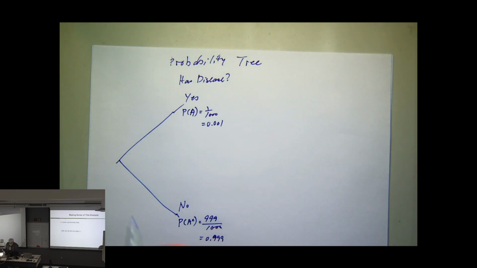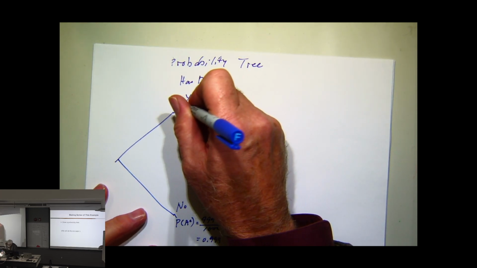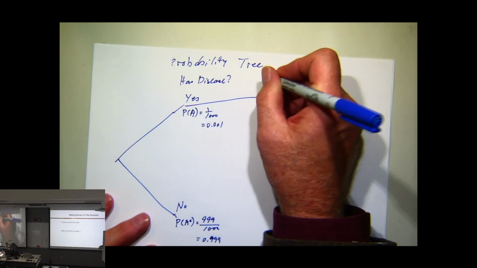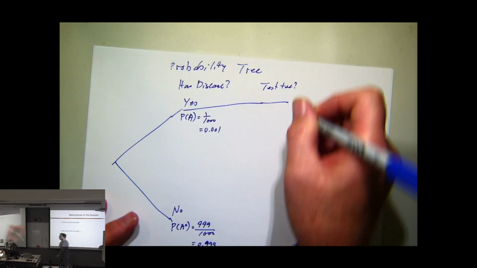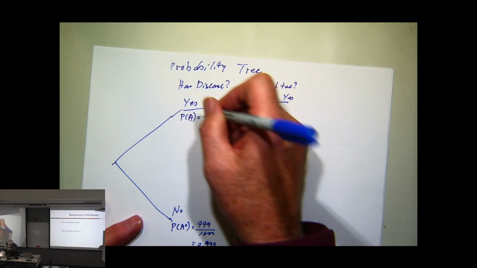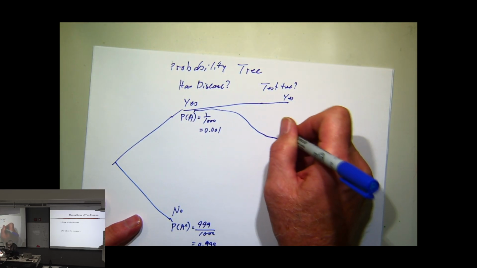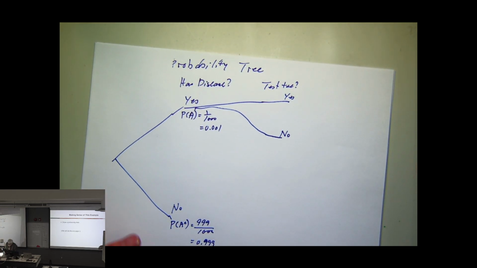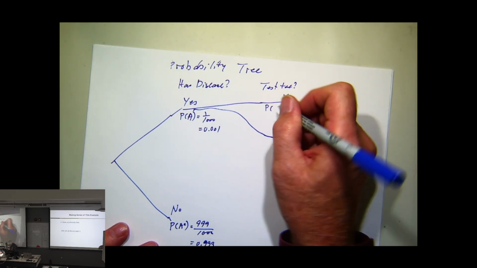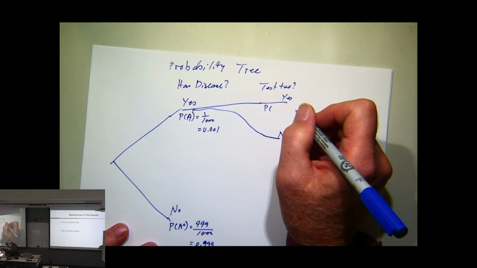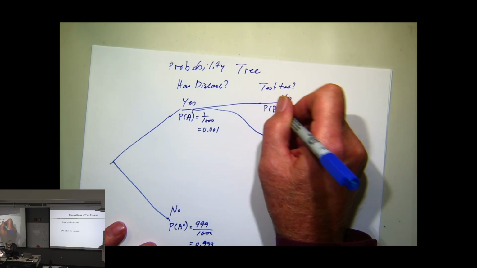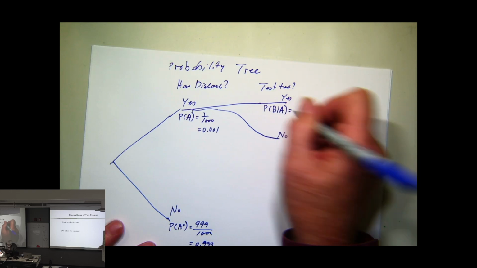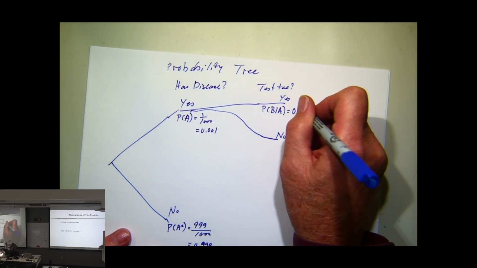And then, given you've got the disease, the person has a disease, there's the results of the test. So we can say test positive, and the answer is either yes or no. And what we know is the probability of testing positive, given the person has the disease, 0.99.